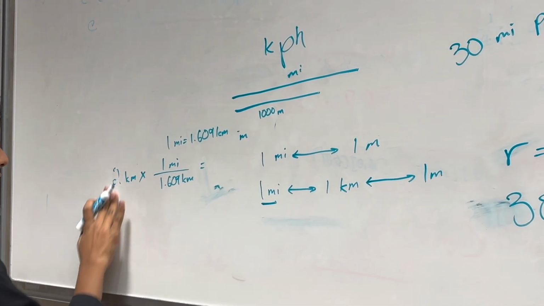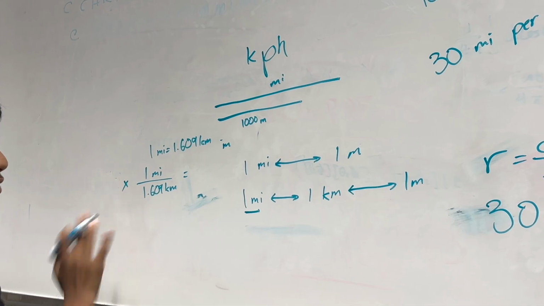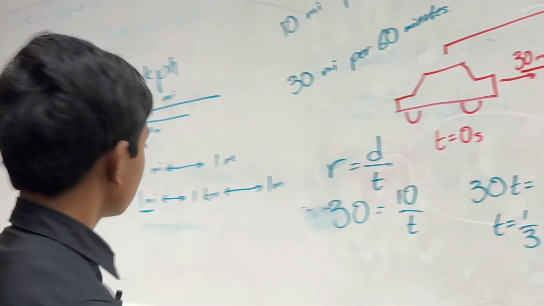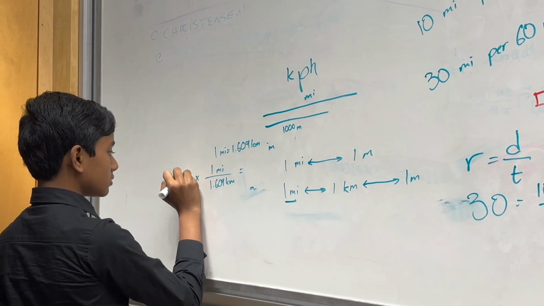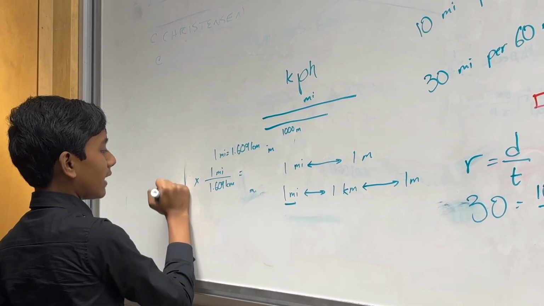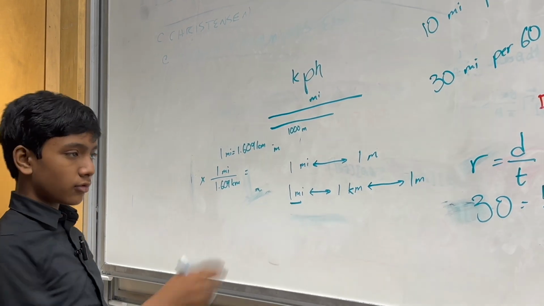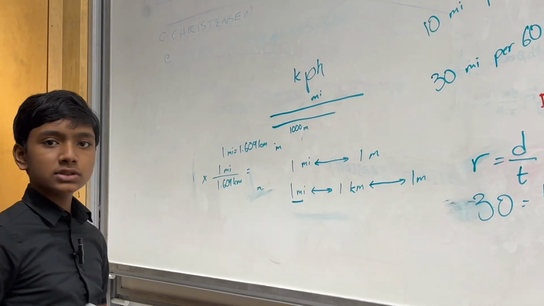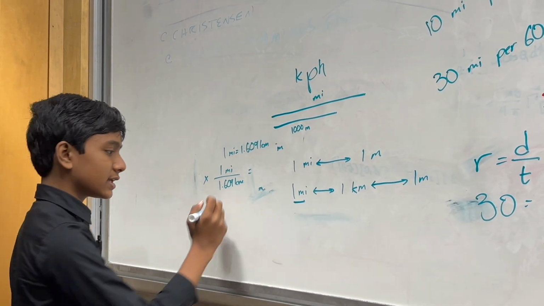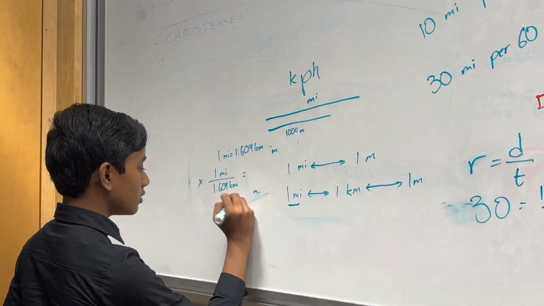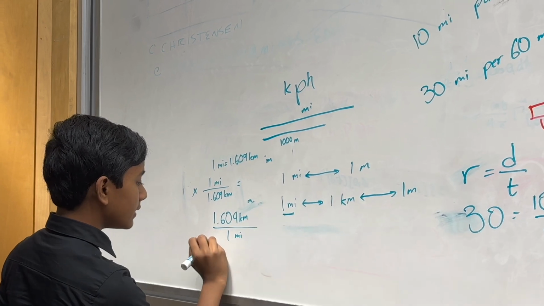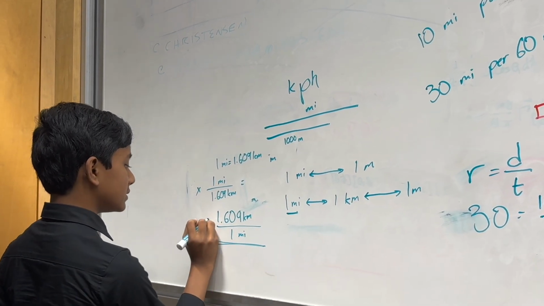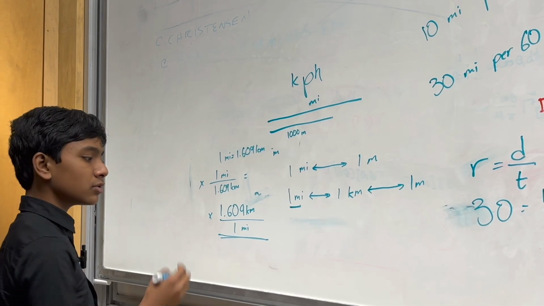So, in this case, of course, we have 10 miles. So we're going to convert that to kilometers. So, what we would actually have to do is reverse it. But of course, dividing 1 by itself just gives 1 back. So, we get 1.609 kilometers divided by 1 mile, and this conversion will still work because both the top and the bottom are equal.